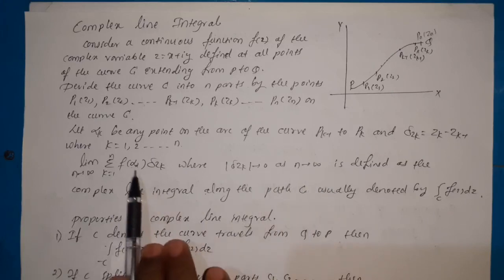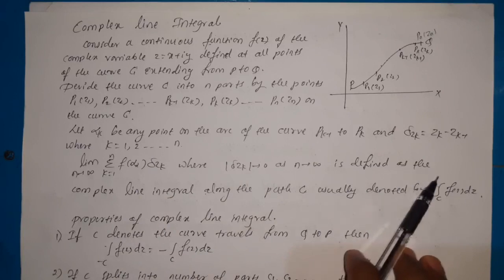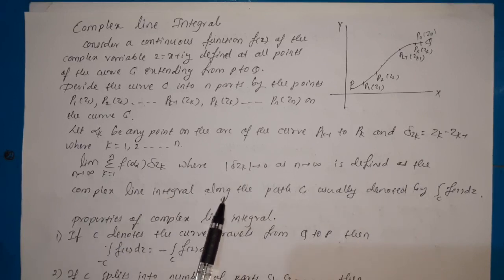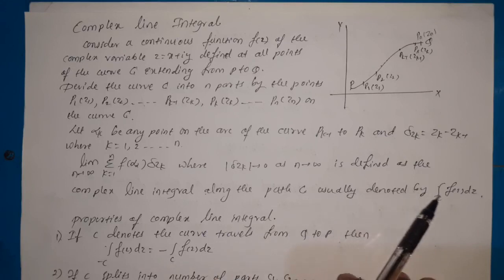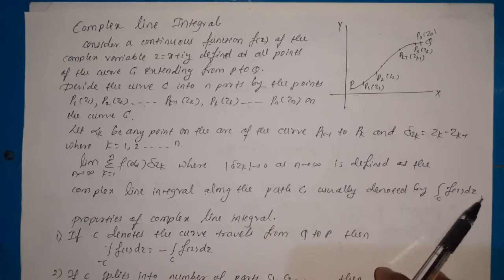So this limit of a sum is defined as the complex line integral along the path C, usually denoted by the integral over C of f of z dz.